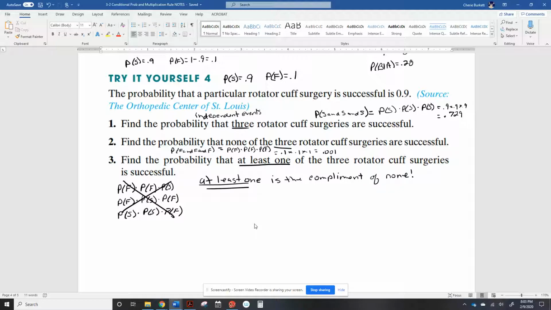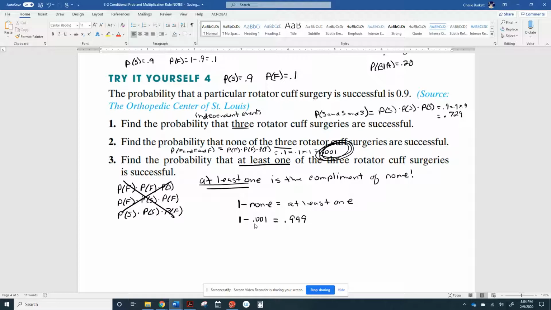We've already found the probability of none. So mathematically, we say if we find 1 minus the probability of none, that equals at least 1. Okay, those are the same thing. So 1 minus 0.001, that's the answer that we got right here, is equal to 0.999.